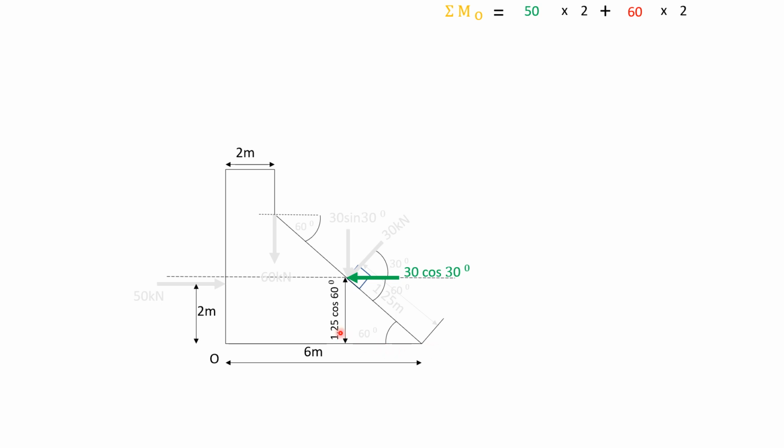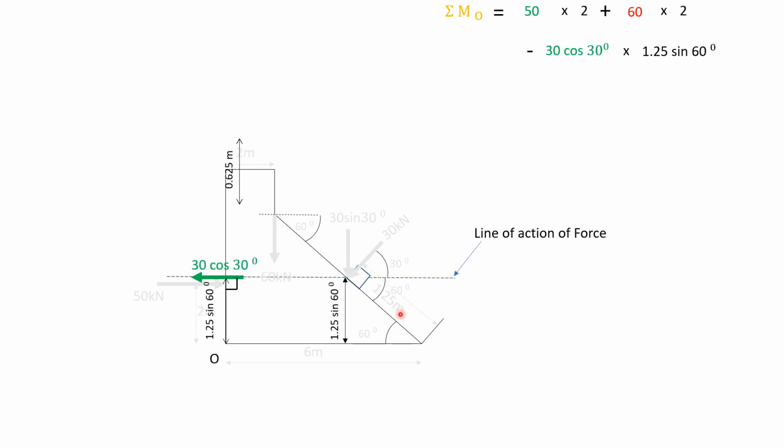So say it is y by 1.25 equal to sin 60. So this distance will be equal to 1.25 sin 60.